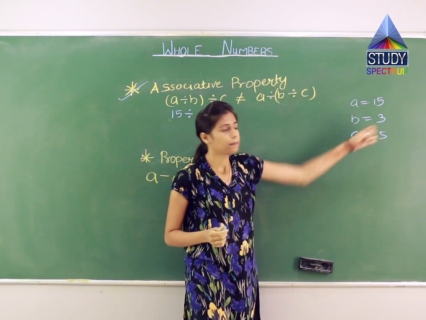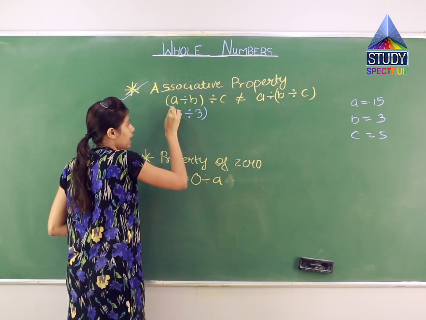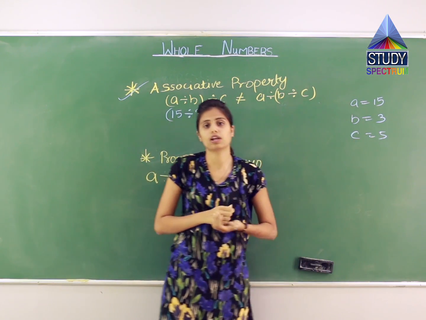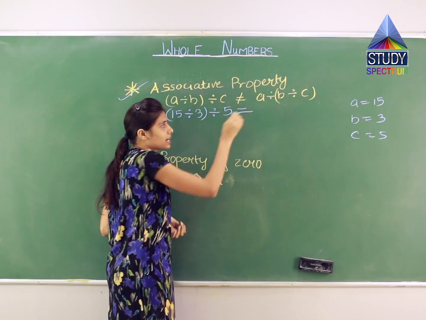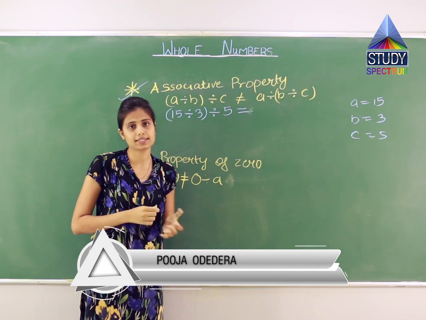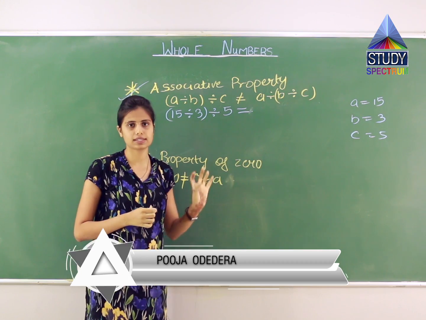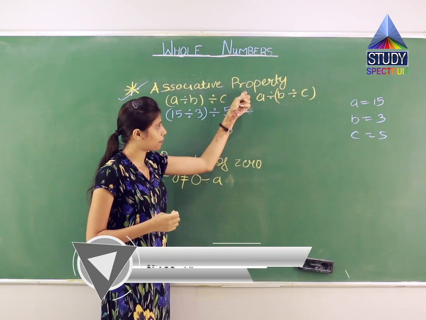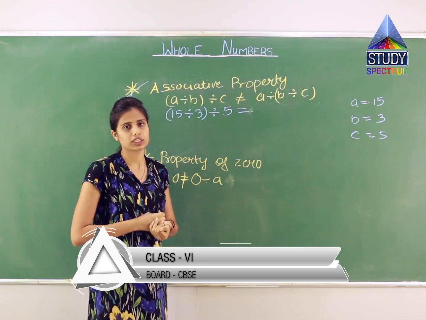B is equal to 3, so I'll write 3 in brackets divided by c. The value of c is 5, so I'll write 5. When the answer of the right hand side matches the left hand side, I'll keep the equal to sign. But if it does not match, we put a slant line over the equal to sign to indicate that it is not equal.